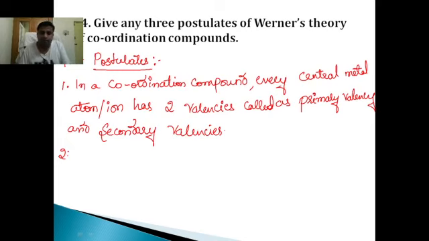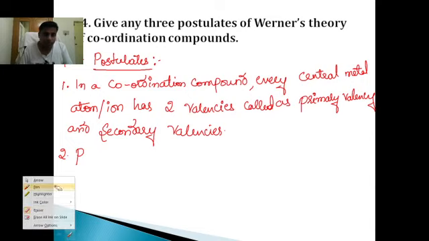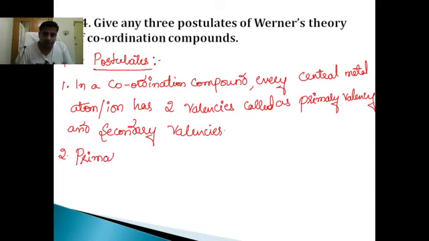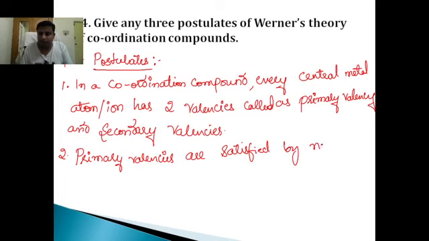Next postulate: primary valencies are satisfied by negative ions and are equal to their oxidation state.